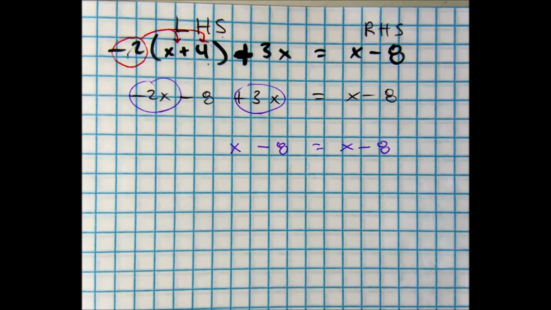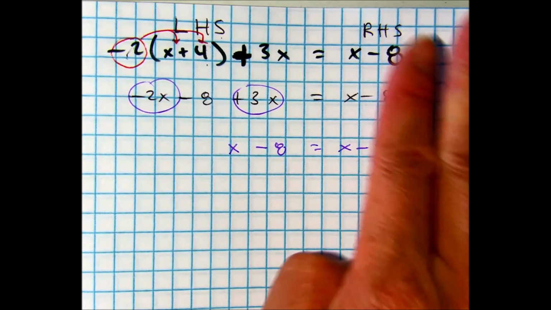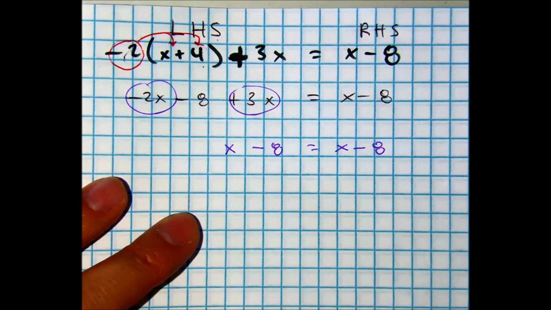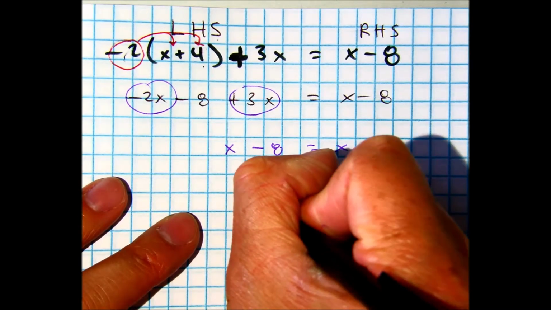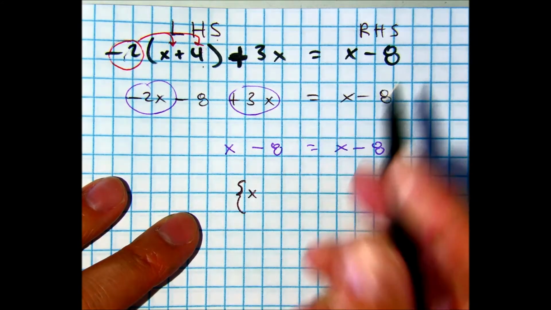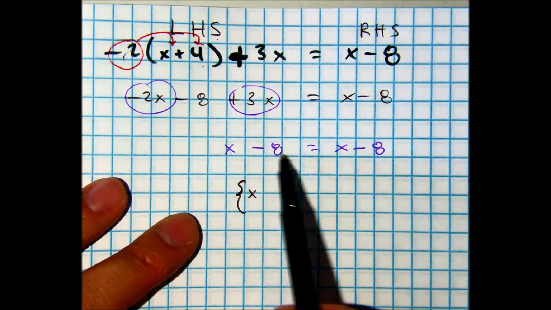So what I'm kind of trying to teach you guys is that although we have them equal to each other, the answer would be... Class, what numbers can you pick? Someone throw out a number. 5. 5 minus 8, is that same thing as 5 minus 8?